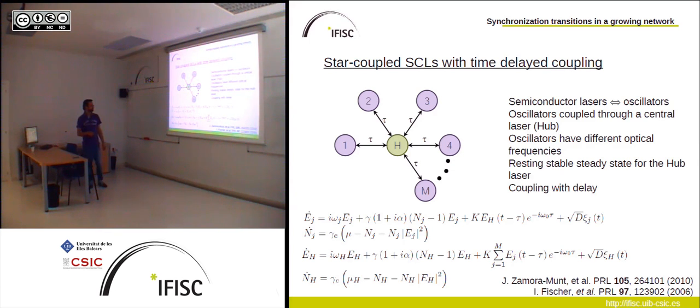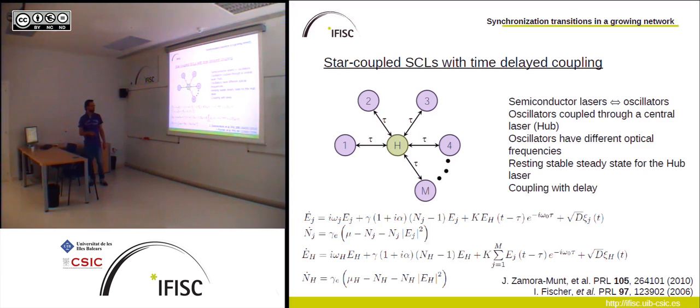For the hub laser we have mostly the same terms: the frequency of the hub laser, the term for the solitary laser, the coupling with all the other lasers in the system, that is the sum of all the delayed electric fields from the star, and the noise term.